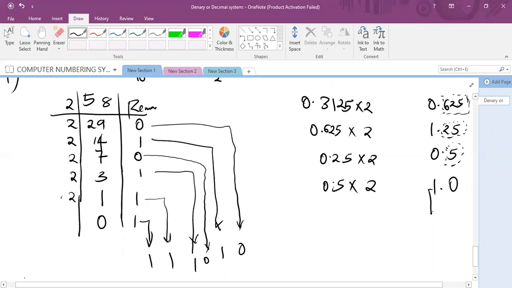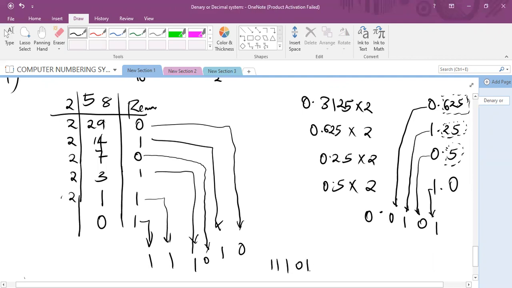And the number is going to be, so we write it this way, 0.0101. So that's going to be it. So joining these two, we will have 111010.0101 to base 2. And that's how you convert from binary to denary and from denary to binary.